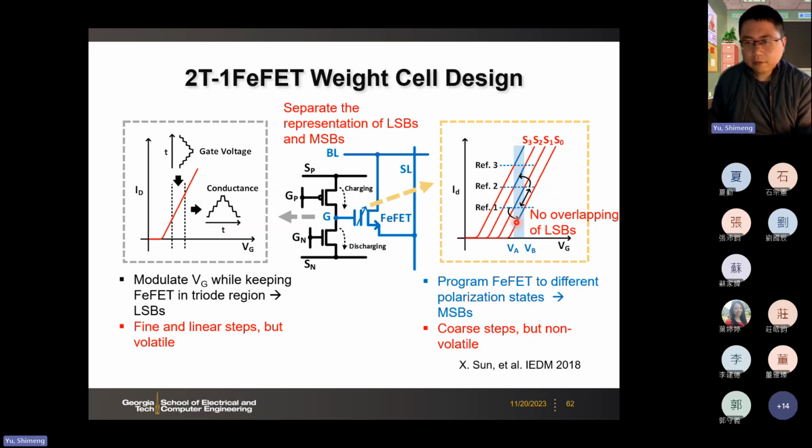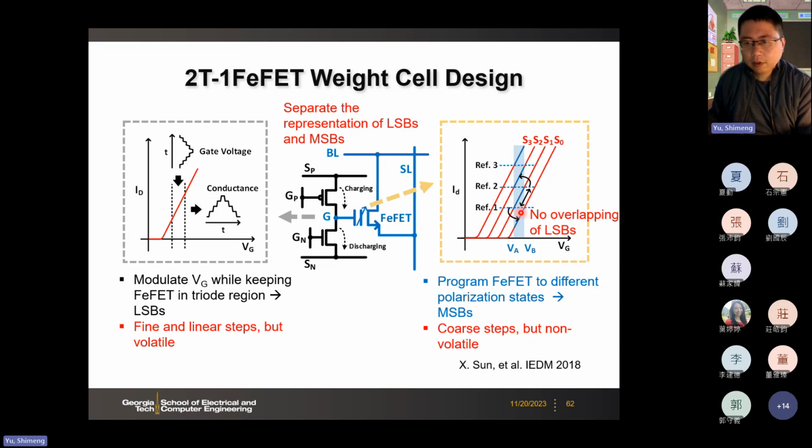In other words, if you look at the IDVG, we are going to have different segments corresponding to different MSB, but within one MSB, we can continuously tune the current by charging up the gate a little bit. If we charge up the gate, then the gate voltage will increase a little bit.